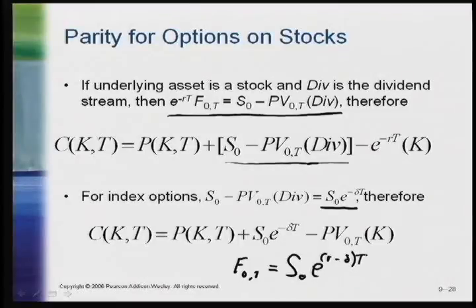So when we do a present value of that, we get the S0 e to the minus delta t. So these are the more general versions of put-call parity in the presence of discrete dividends and continuous dividends, and they adjust the insights we had before in the simpler case.